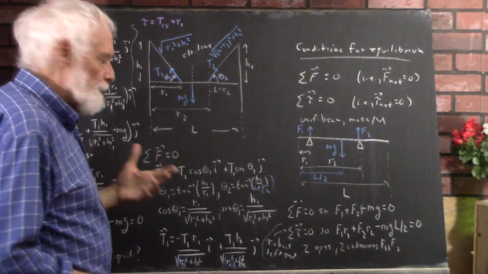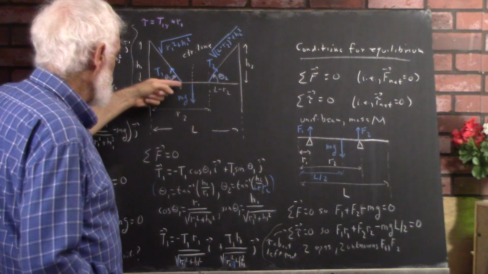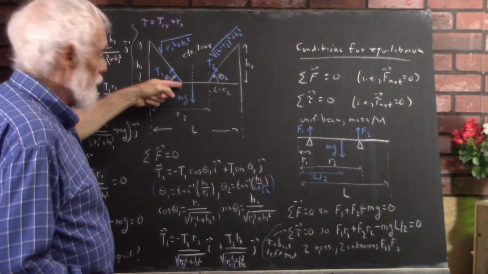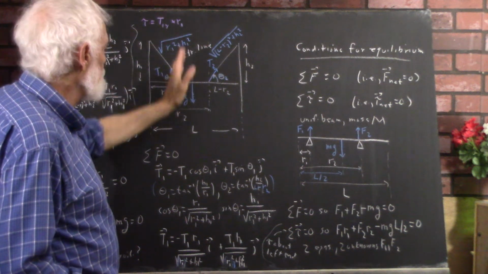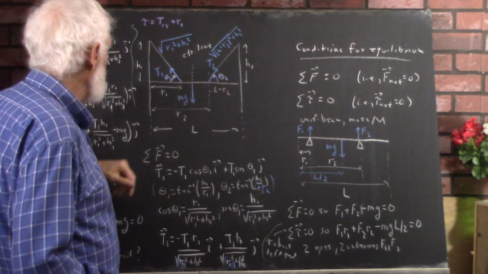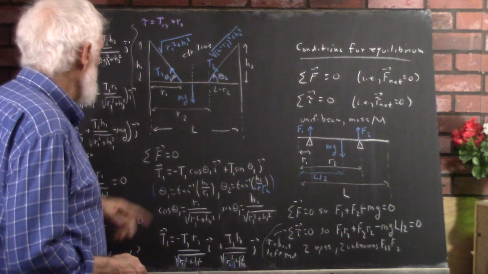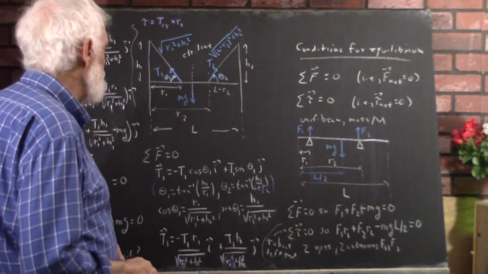Because if you're going to let the moment arm run from here to here, then you have to take the component of this tension that's perpendicular to that moment arm. Now there are other ways to look at it, but that's how we can do it, okay?